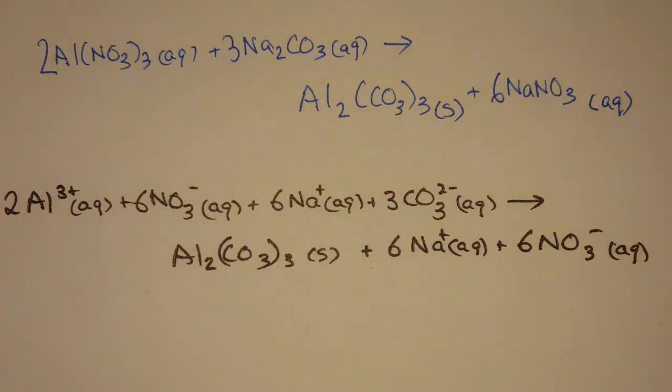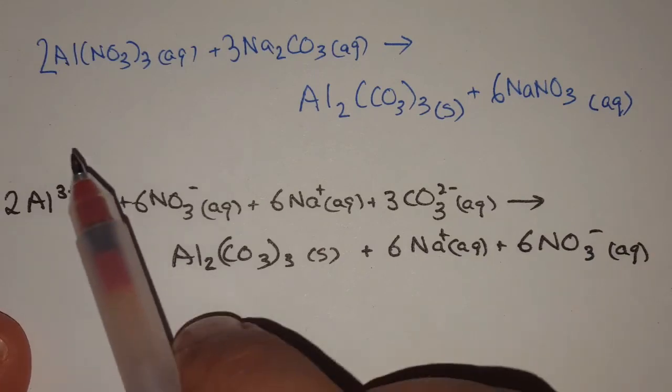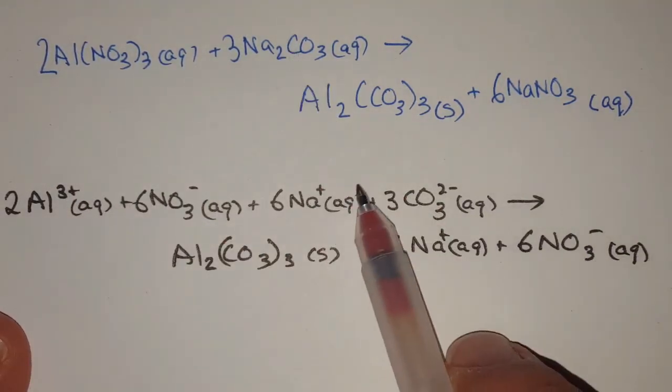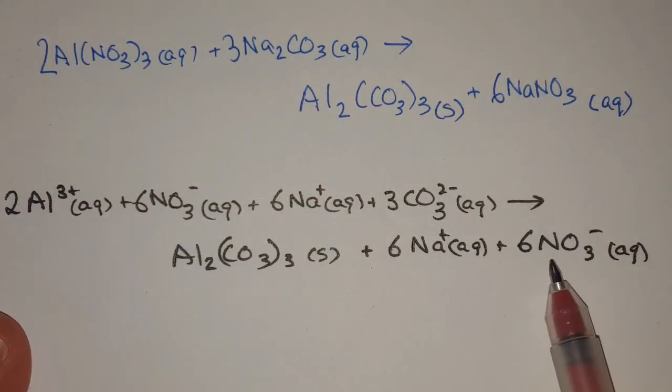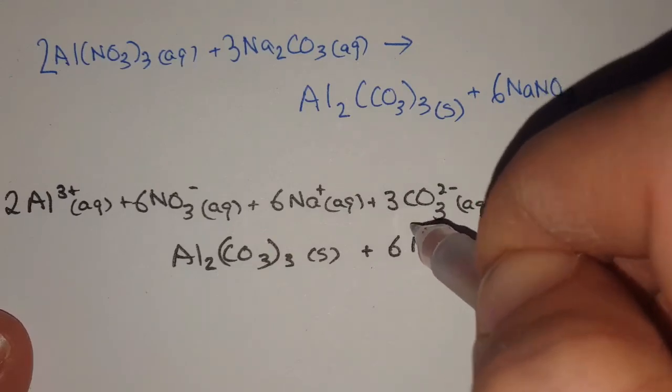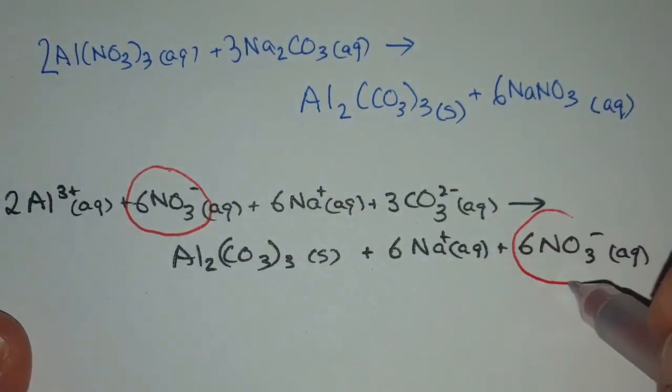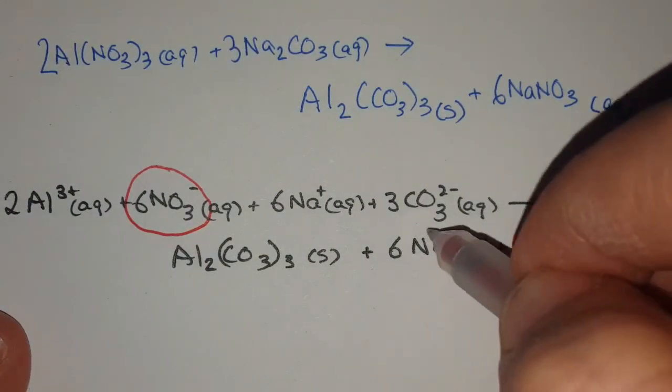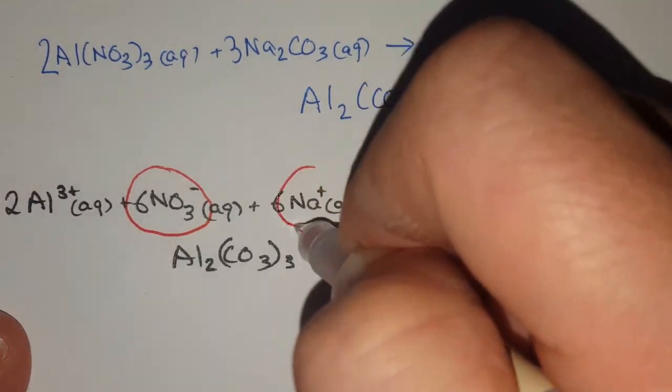Here we have our total ionic equation, where we took all of our aqueous compounds and had them break down into the component ions, recognizing that their ions float around. Then we can go through and look for spectator ions. We have nitrate on both sides, and we have sodium ion on both sides.